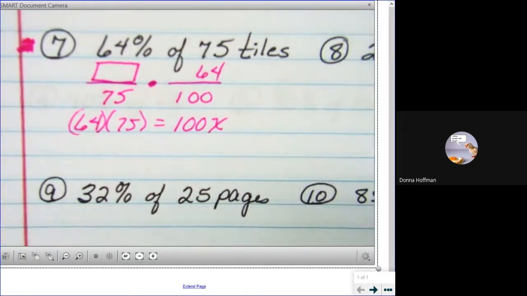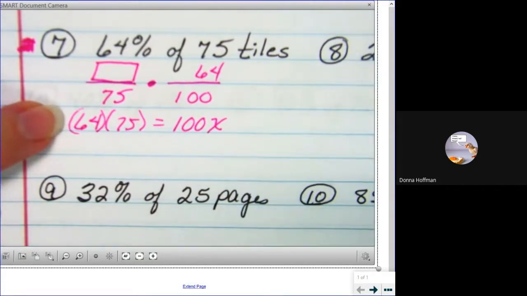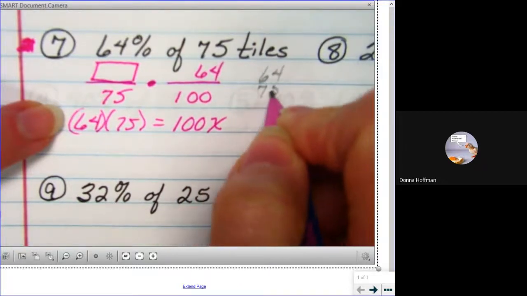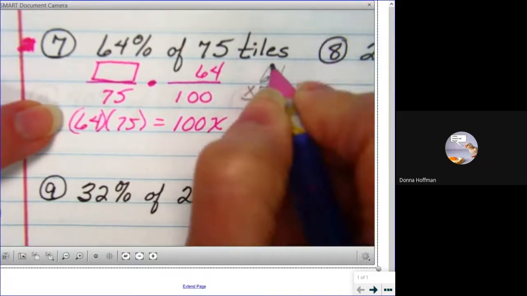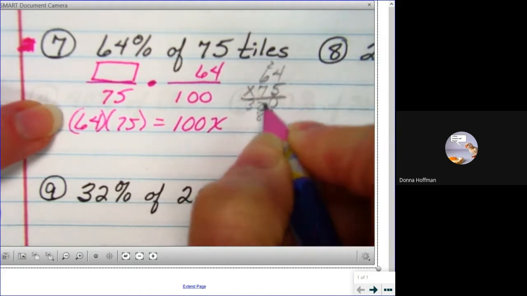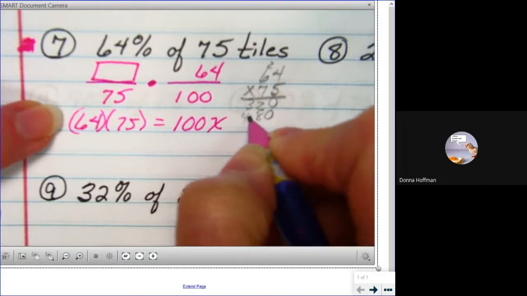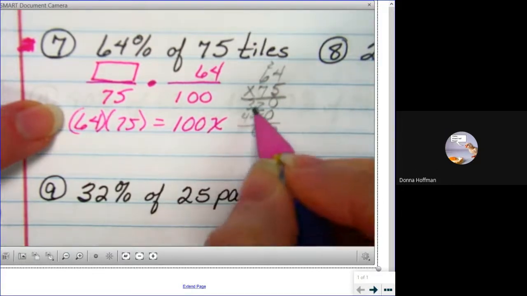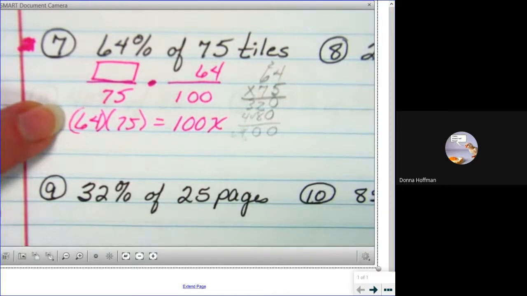Did anybody get it yet? 64 times 75, yes. You need to be working instead of just waiting for me to write the answers down. You need to be trying this yourself as well. I got 4,800.